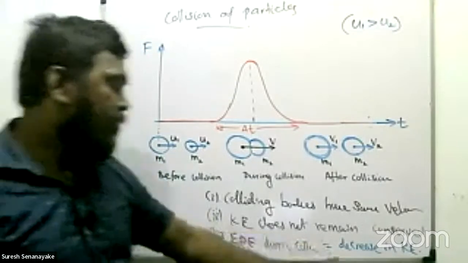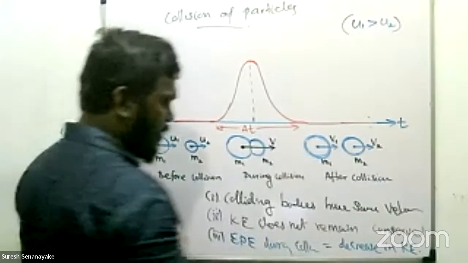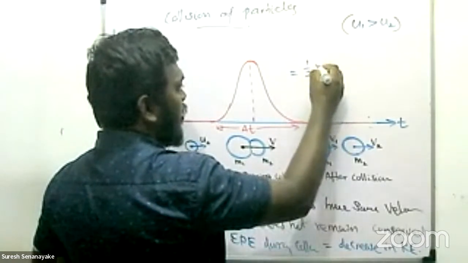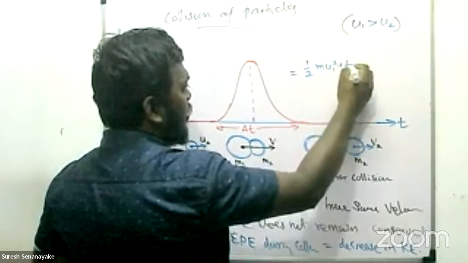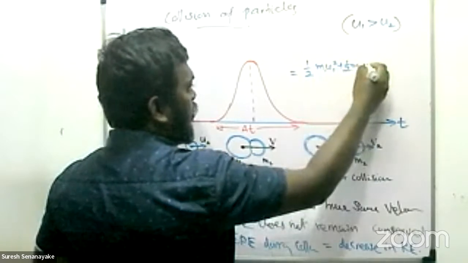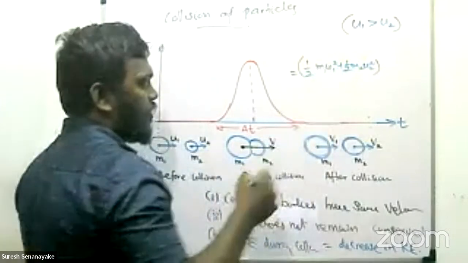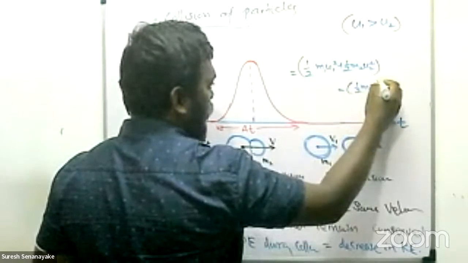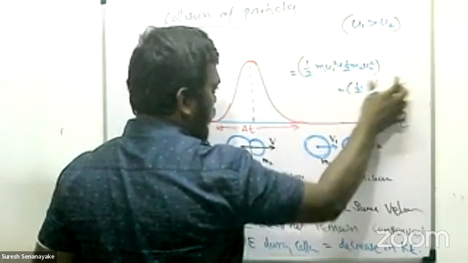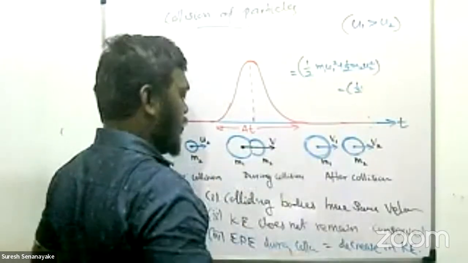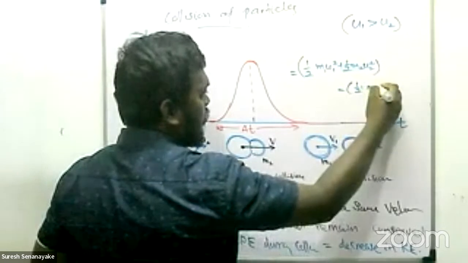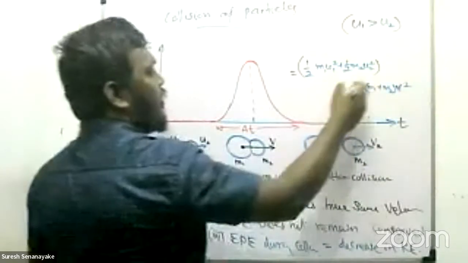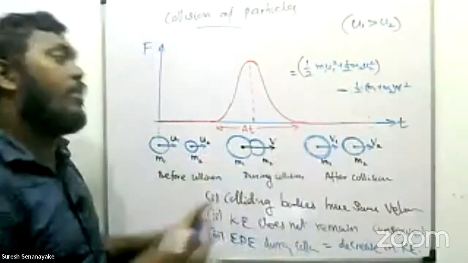You can write this as an equation if you want, using the given data. Before the collision the energy is half m1 u1 squared plus half m2 u2 squared. Subtract the energy after the collision: when the two bodies are colliding and in contact together, the total mass of the system is m1 plus m2, both moving with velocity v, so half (m1 plus m2) v squared. That is the elastic potential energy stored during the collision only.